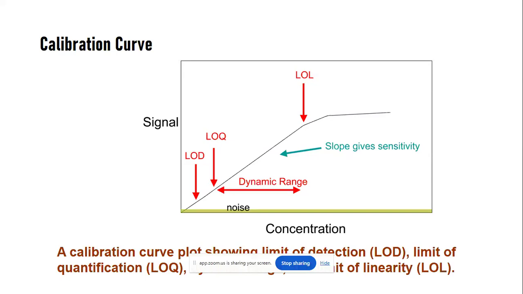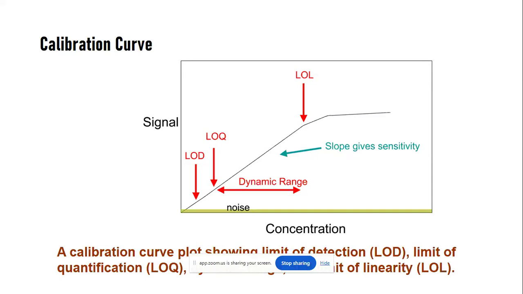So that is why the limit of detection is very important. We are supposed to know the limit of detection for each metal. For copper, it would be different. For arsenic, as I said, it's 50 ppb. Below 50 ppb, you won't get an accurate result. And you're supposed to know the limit of quantification and the limit of linearity.